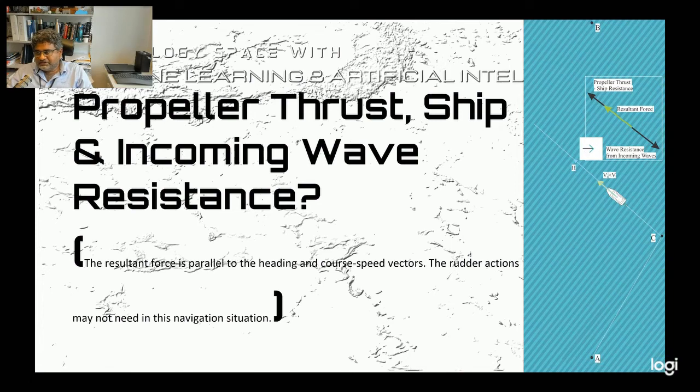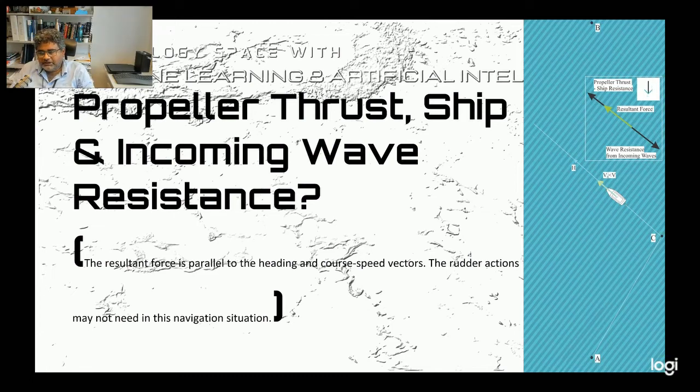If you assume that the propeller thrust minus the ship resistance is larger than the wave resistance of the incoming waves, there would be a resultant force heading in the direction of the propeller thrust, but somewhat lower than the propeller thrust. That resultant force is the one going to force this vessel to move forward.